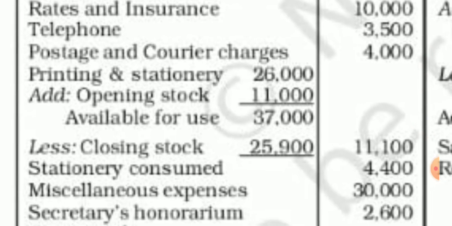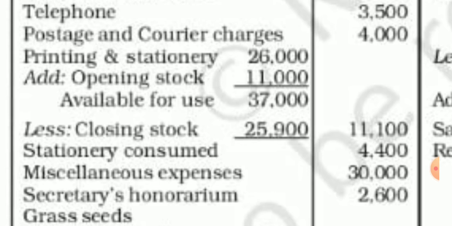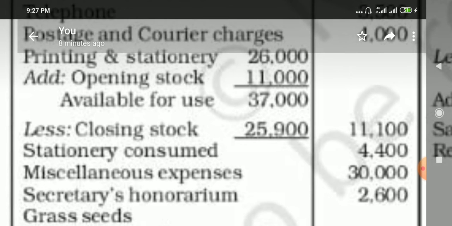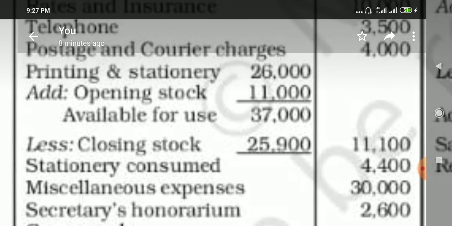So calculate 30% of 37,000; that amount comes to 11,100. That 11,100 we show directly in the outside amount column. Then the closing stock is 25,900, the difference after the 11,100 written off.